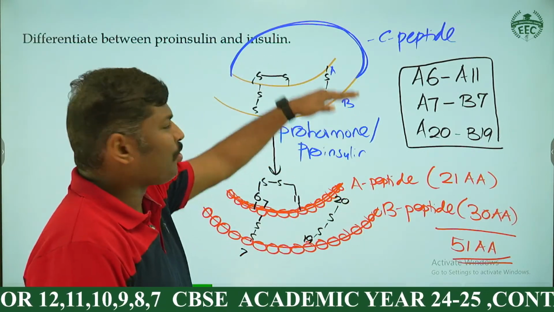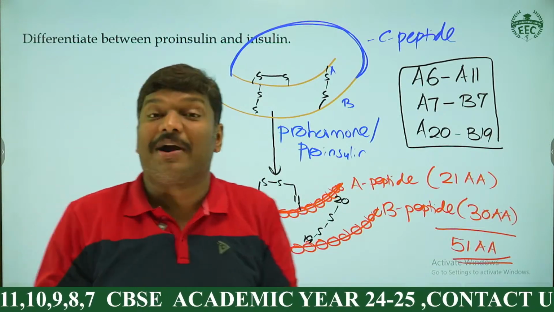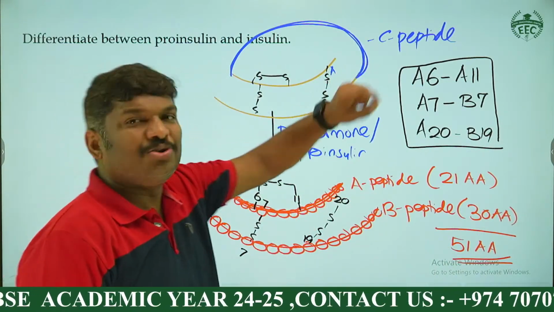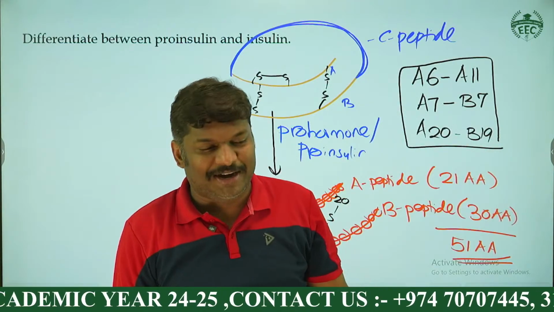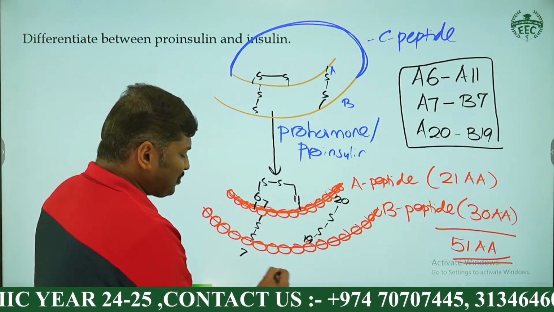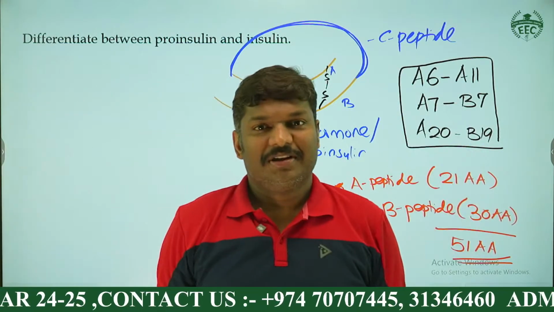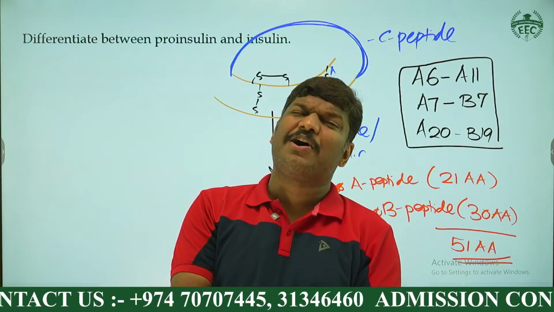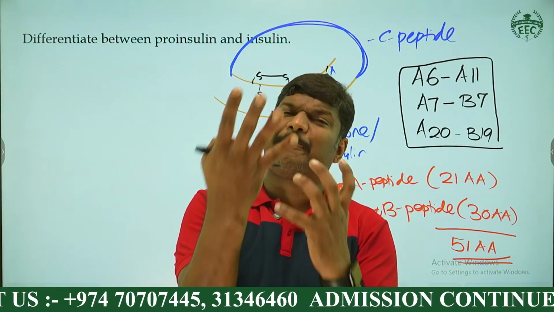Pro-hormone or pro-insulin is inactive. What is the reason behind that inactive nature? The inactive nature is due to the C peptide, the connecting peptide. So the C peptide is removed. When you remove the C peptide, the pro-insulin is converted into only two chains, that is called insulin.